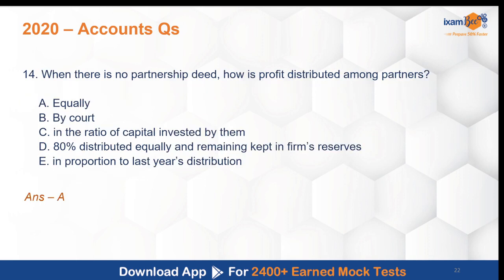14th question, when there is no partnership deed. So in 2020 phase 1, that was the first time this syllabus was introduced, and there were certain questions that were not directly from the syllabus stated but related items. Such repetition has not happened after that, either in 2020 phase 2 or in 2022.